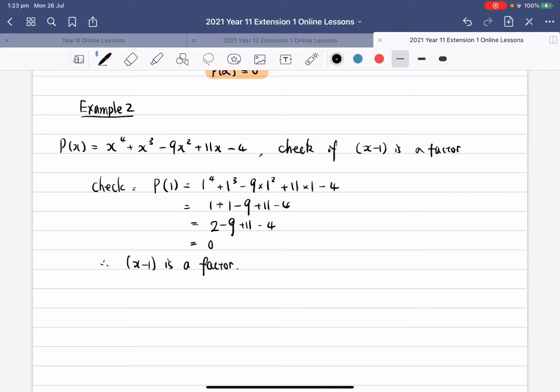Once we know that a certain term is a factor of the polynomial equation or function, we can factorize a polynomial expression completely, if the question is designed so that the polynomial expression can be factorized. So how do we factorize?